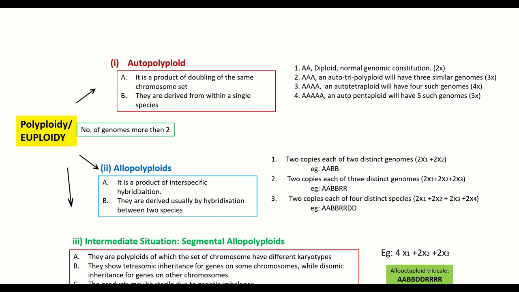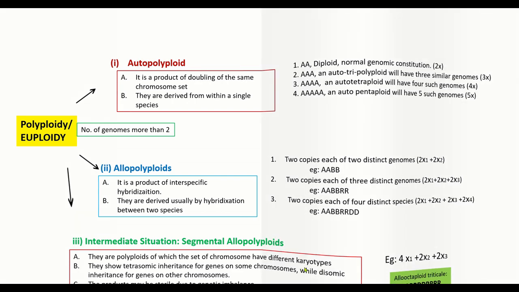A is represented twice, B is represented twice, D is represented twice, while R is represented four times. So there is tetraploid R, diploid D, diploid B, and diploid A. All these compose the segmental allopolyploids.